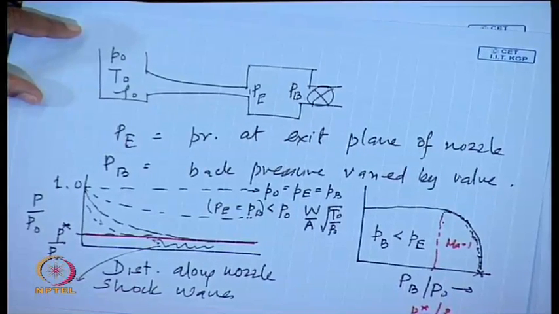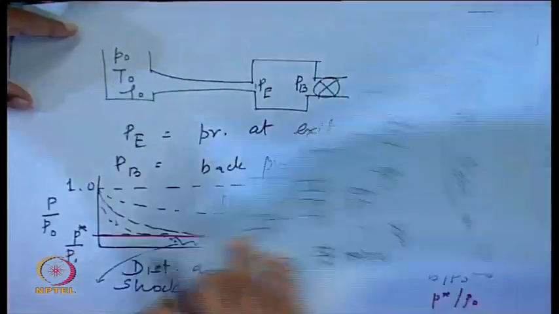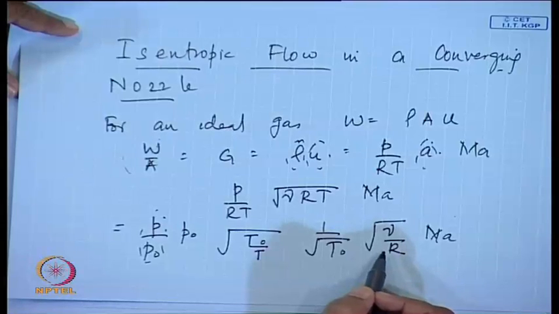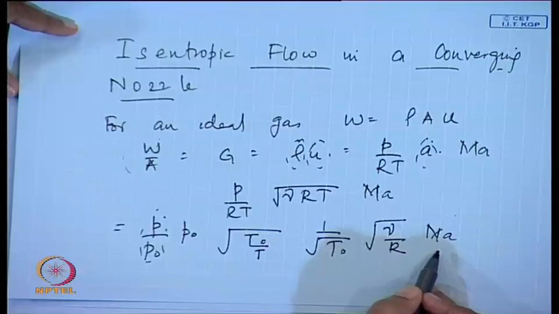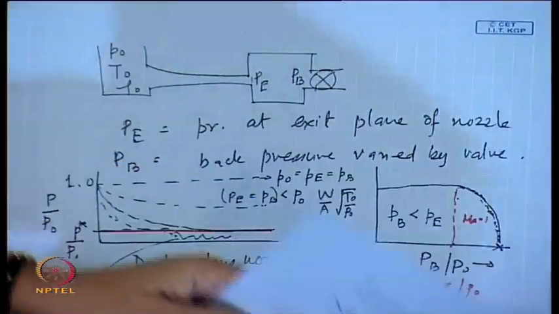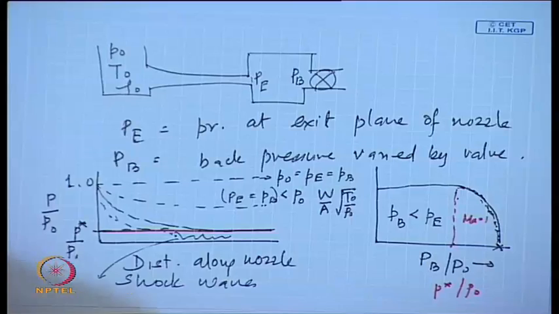Where did I keep the slide? So, we find that for the maximum conditions, we can get it for Mach number equal to 1, is it not? And I do not see if I had kept the final slide where I had deduced this particular condition.